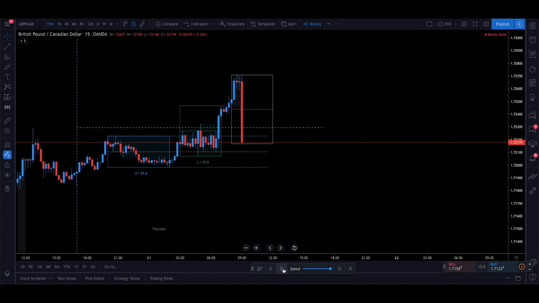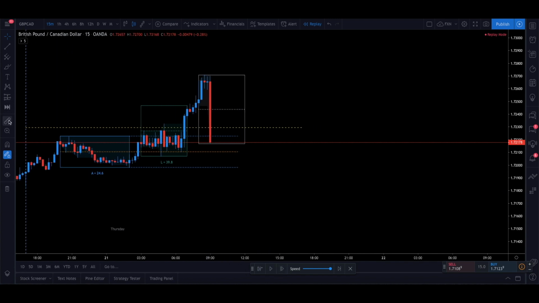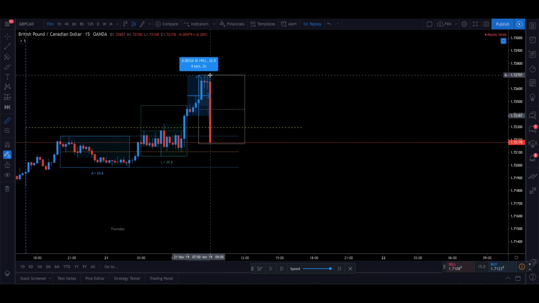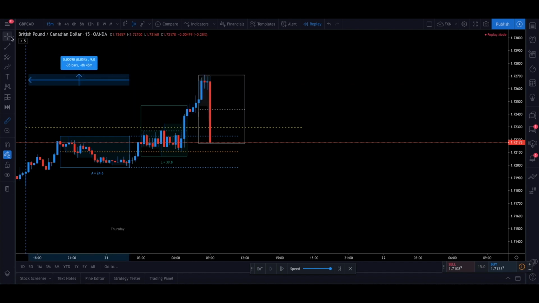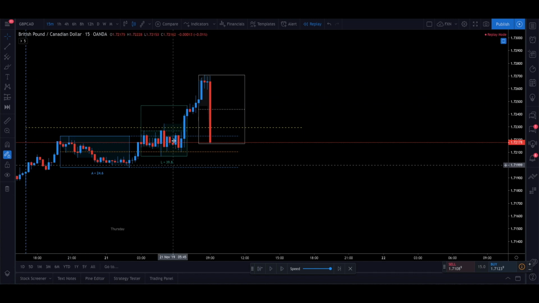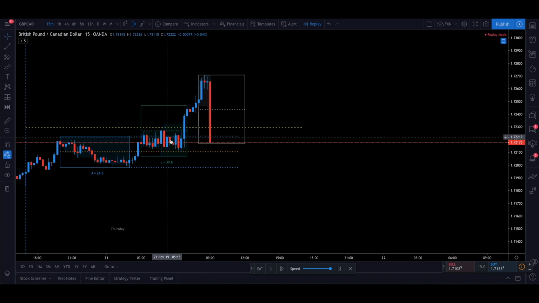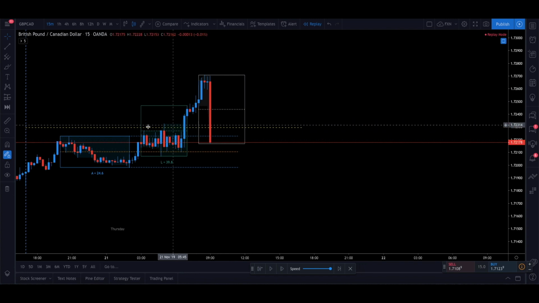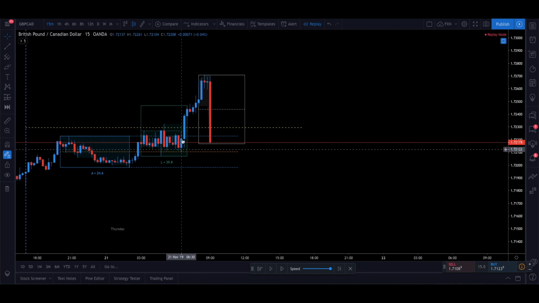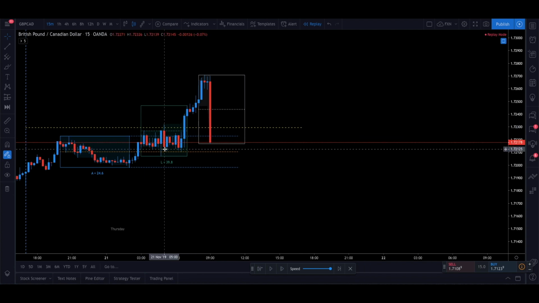Okay, now here's what I want you guys to notice. This move was about 32 pips. The real move that they were going for was not this being a type 3 setup. They were just collecting contracts here, to get traders into trades.